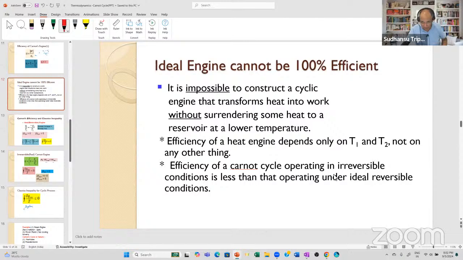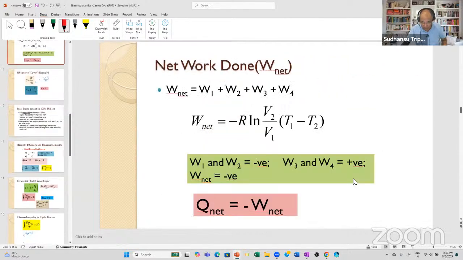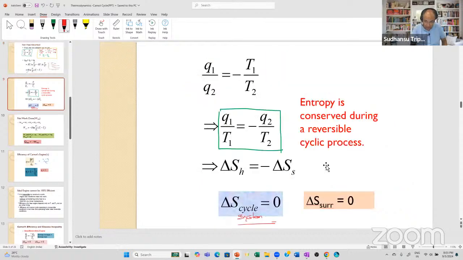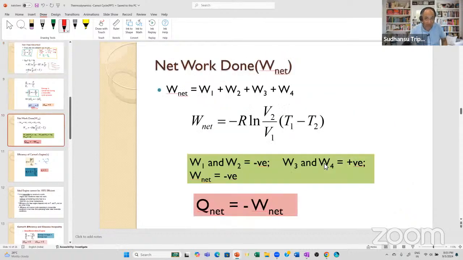Now let us come to this part, which you will write step by step in your copy. If you add all the work terms W1, W2, W3, W4, the W2 and W4 will cancel out, because this is CV (T2 minus T1) and that is CV (T1 minus T2).